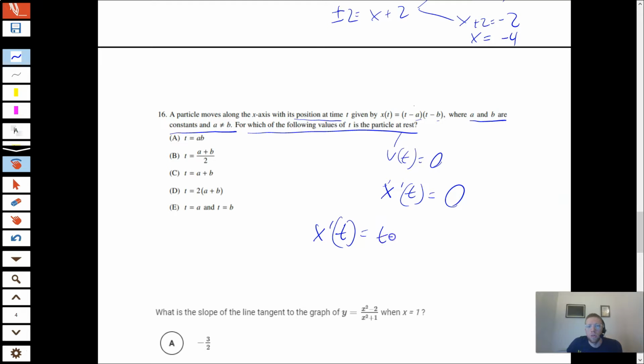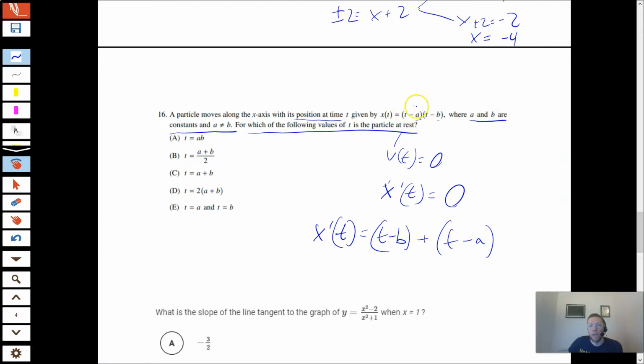So t minus b is my second thing. And then the derivative of my second thing is just 1. So t minus a is my first thing. Okay? So that's product rule. So by product rule, I get that the velocity function is equal to t minus b plus t minus a.